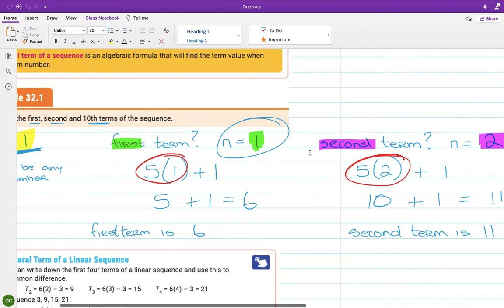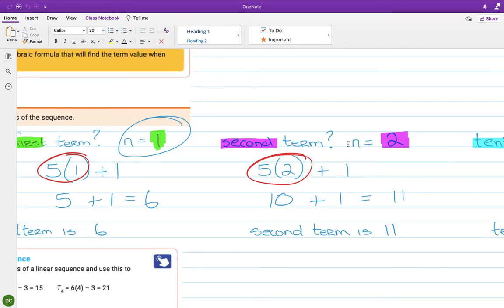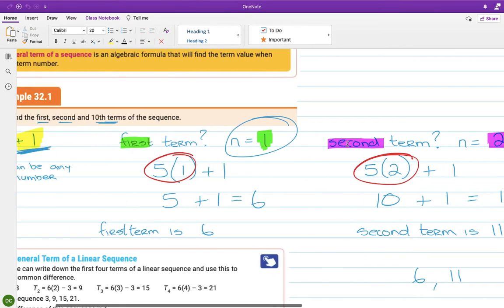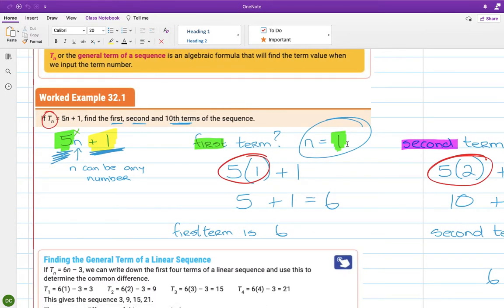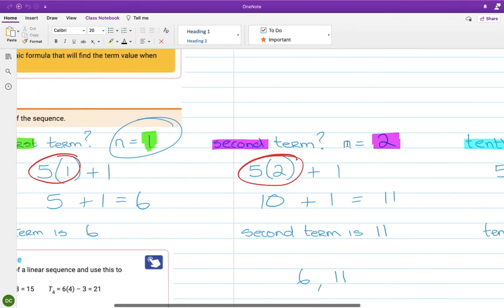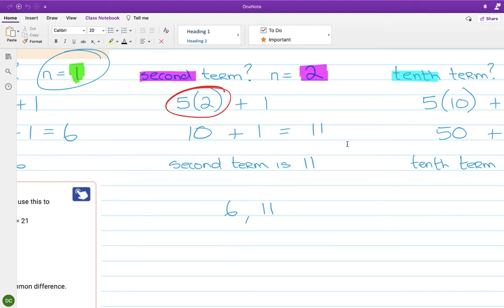Yeah? So let's just look at the sequence quickly. The first term of the sequence is 6. The second term is 11. Remember that we only do general terms for linear sequences, so we know this is linear. 6 to 11 is a jump of 5, so the next jump, if it's linear, is going to be 5.